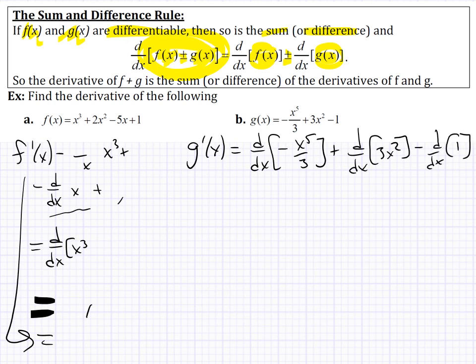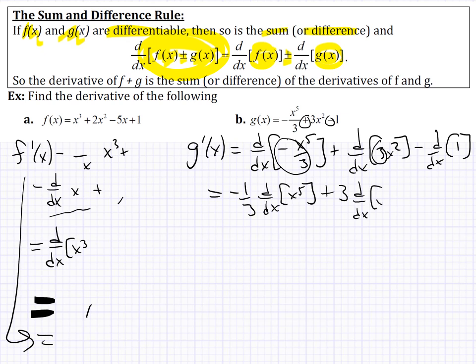Why? Because of the operation, addition and subtraction. Then the negative 1/3 here is going to come out, and I'm really just going to take the derivative of x to the 5th, plus this 3 is going to come out as a constant multiple, times the derivative of x squared, minus the derivative of 1.